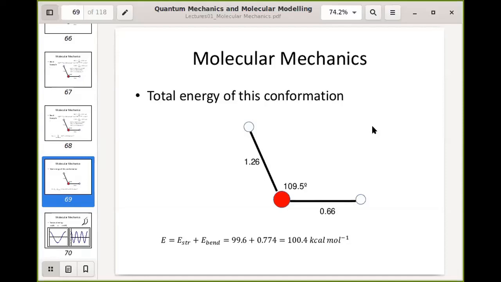So please have a look on Are You Connected? The task you have on Are You Connected is to have a look at cyclopropane and cyclobutane. Now, in cyclopropane and cyclobutane, those bond angles are forced to not be at the equilibrium angle that we would expect.